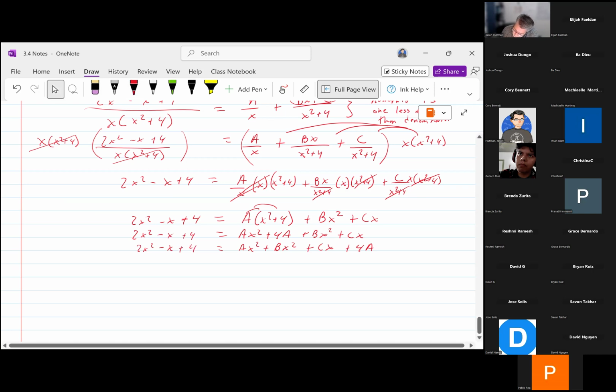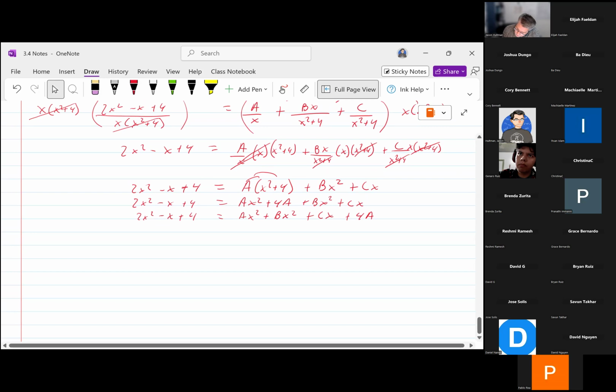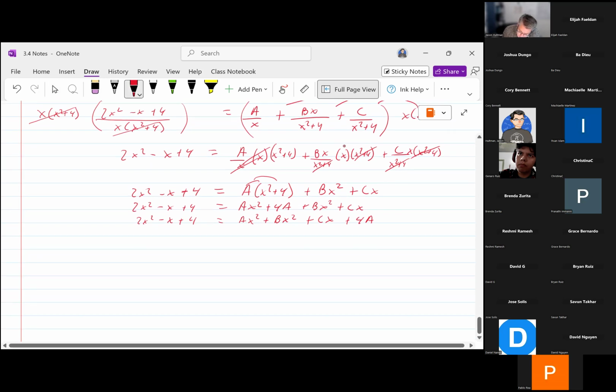Okay, and let's see. Again, let me factor out the x squared. I'm going to get 2x squared minus x plus 4 equals a plus b times x squared plus cx plus 4a. Okay, so now let's see what we can group here.